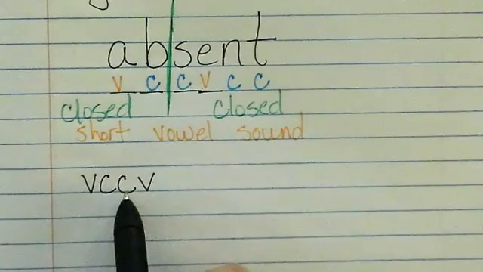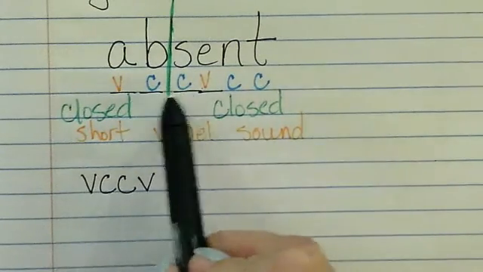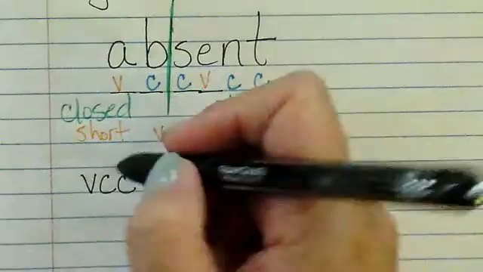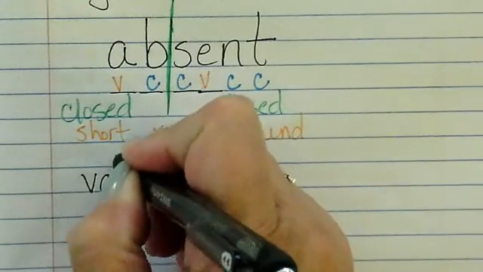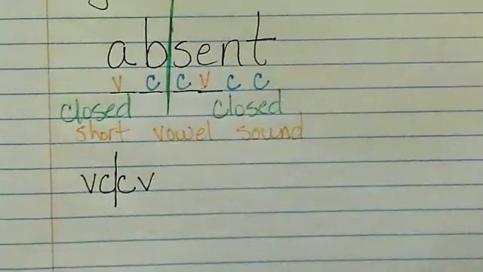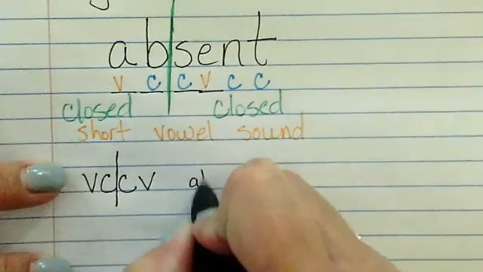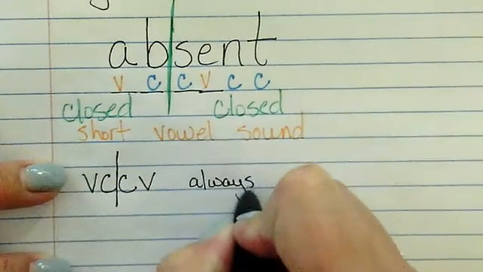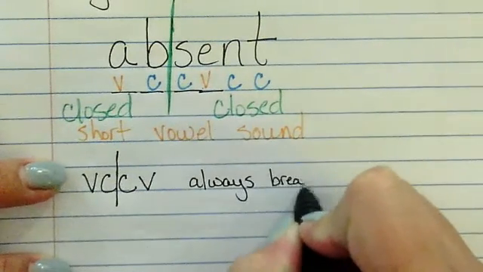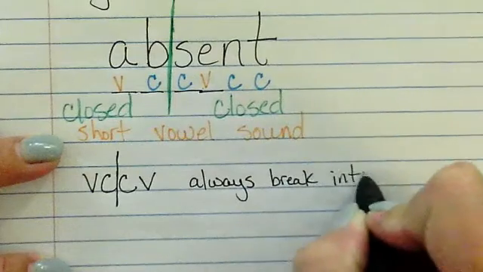In a vowel, consonant, consonant, vowel, you always break it up in between the two consonants. Okay? So that's one rule for a syllable pattern. On this one, always break into syllables.